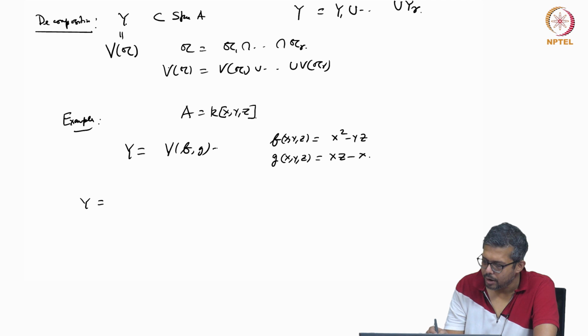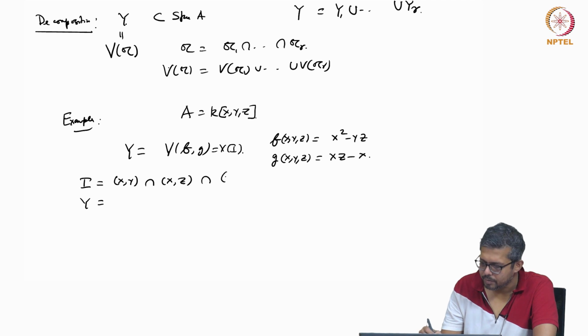So if you write this V of I, then what is the primary decomposition of I? You can check that this is nothing but (X,Y) intersection (X,Z) intersection (Y minus X squared, Z minus 1).